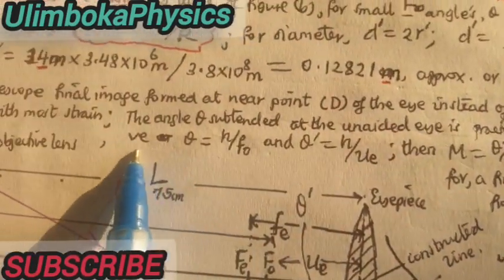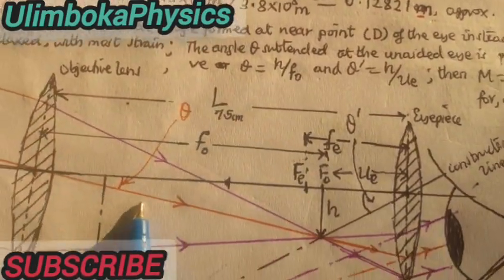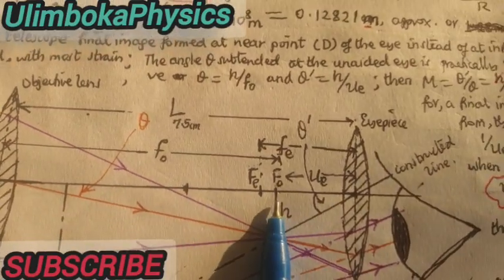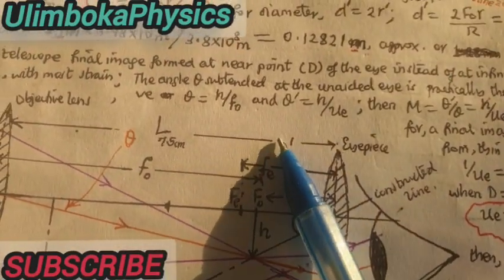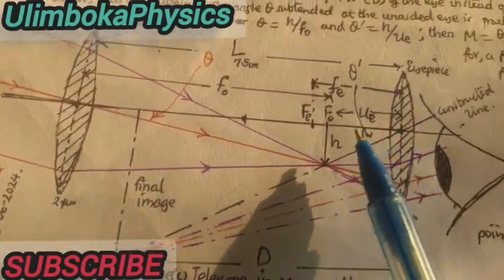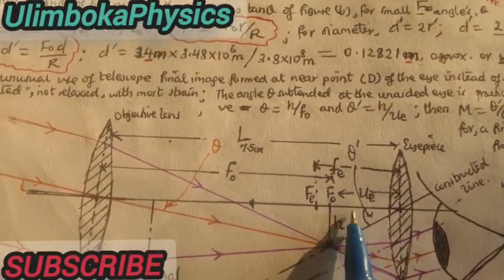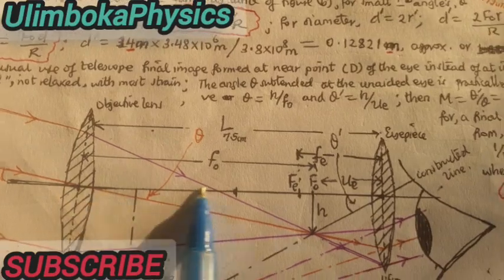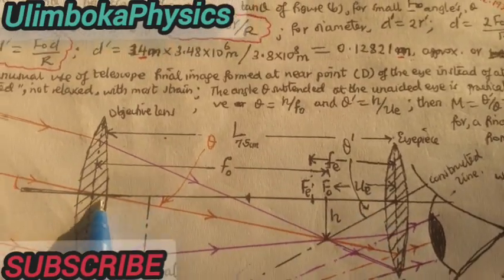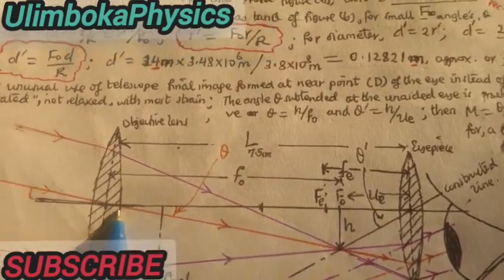For theta, this theta is shared with the first image h, and also theta dash for the final image is shared with the first image h. This h is the opposite, and its adjacent is the focal length of the objective lens.